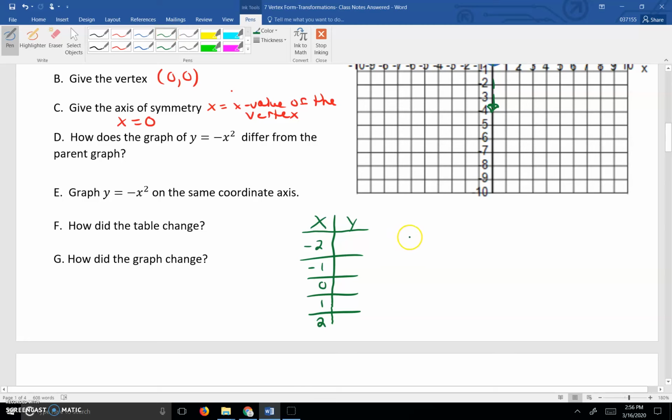So this time I have y equals the negative of -2 squared. When I'm evaluating this, I have to follow order of operations. Do not cancel out the two negatives. I have to do the exponent first, then take the negative of my answer. So -2 squared is +4. The negative of that is -4.